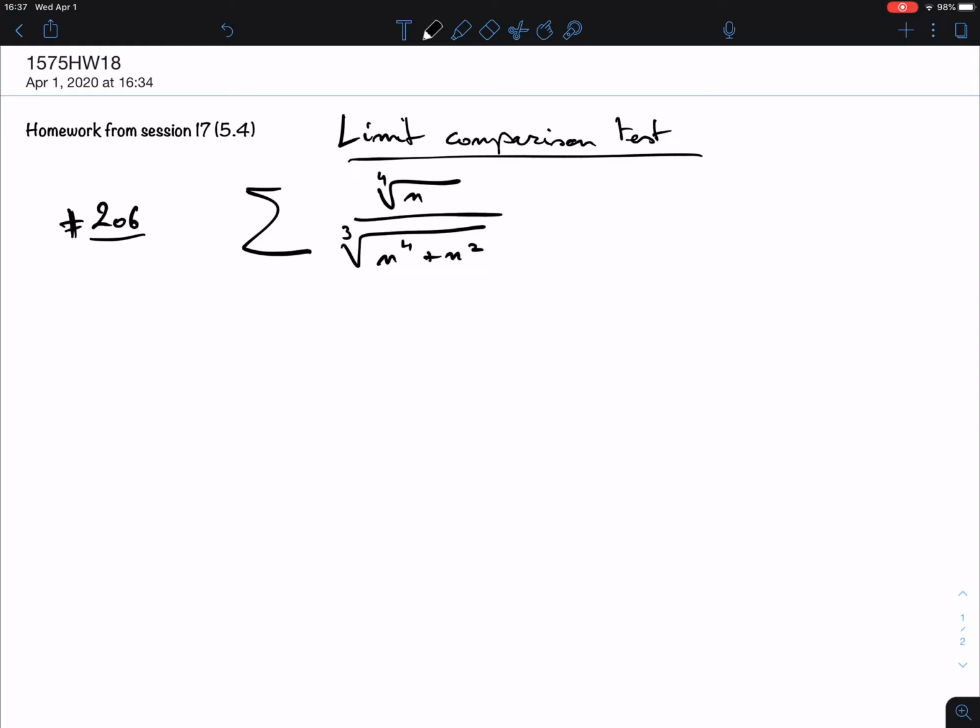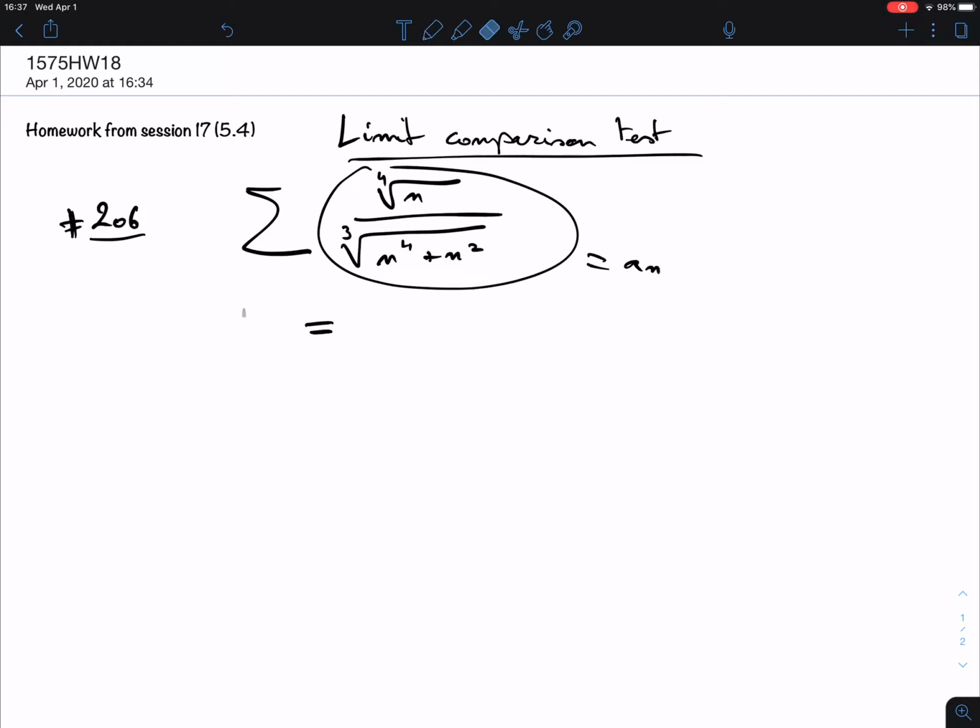So in this kind of situation, we're going to choose a bn. These are the an's, what in our general theory we always call an. So how do we choose bn?